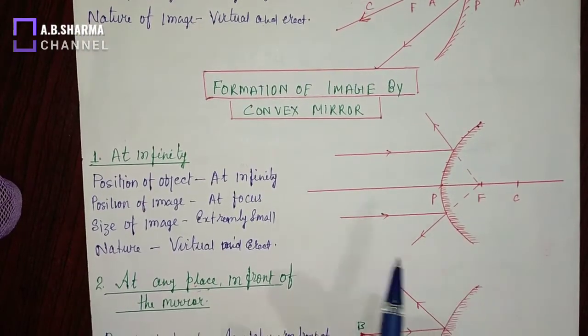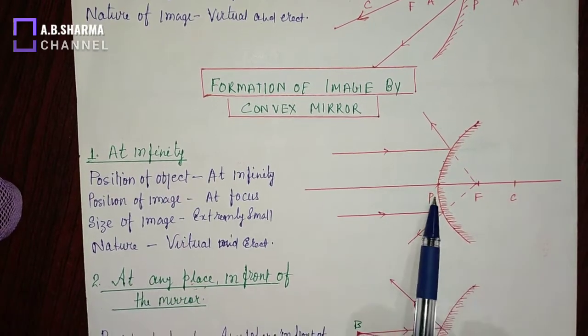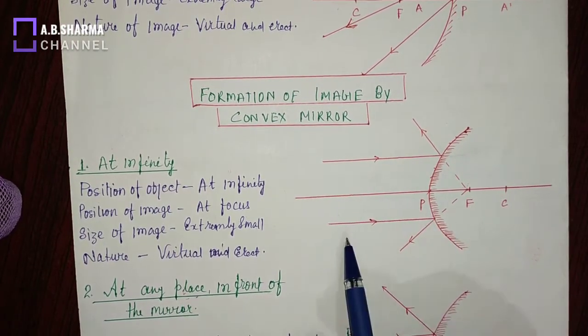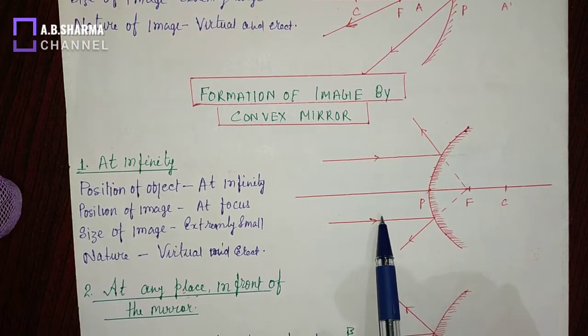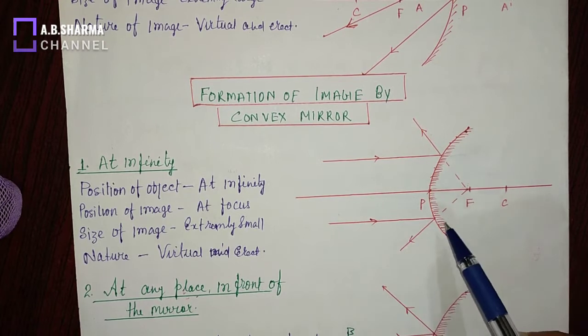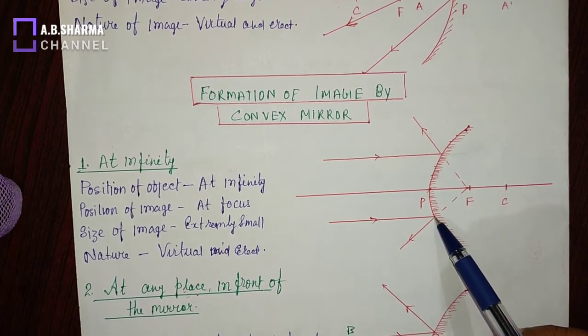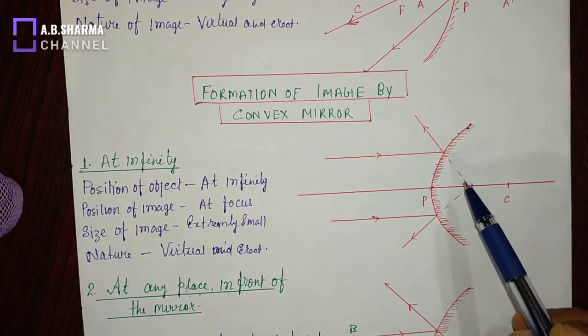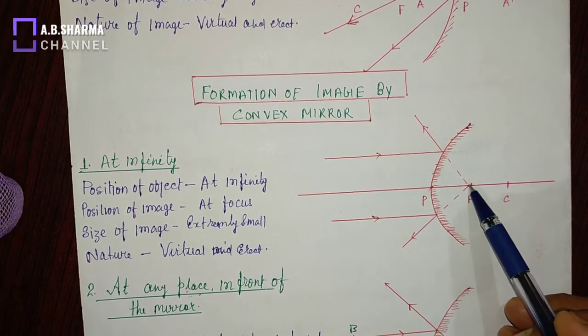See one by one. When the object is at infinity, the rays are coming from infinity parallel to the principal axis, incident on the mirror, then it is reflected. But if we produce the rays backward, it appears to be coming from the focus.